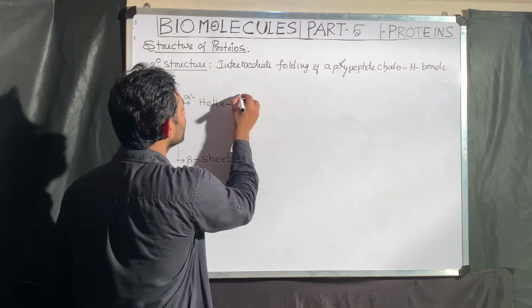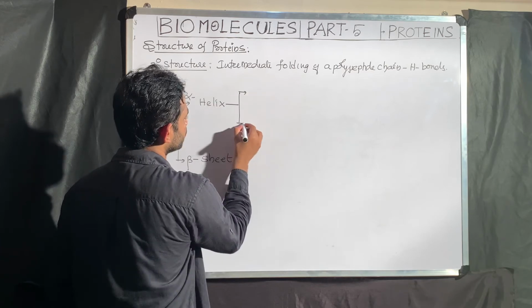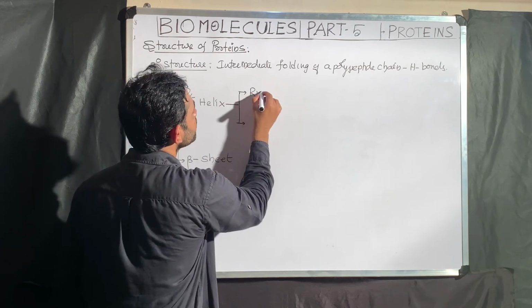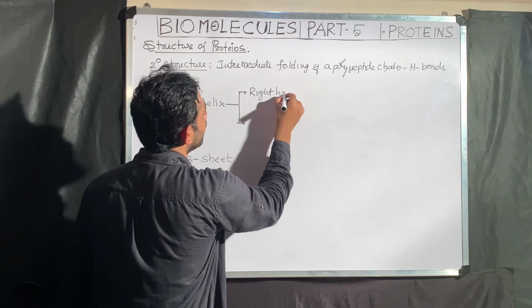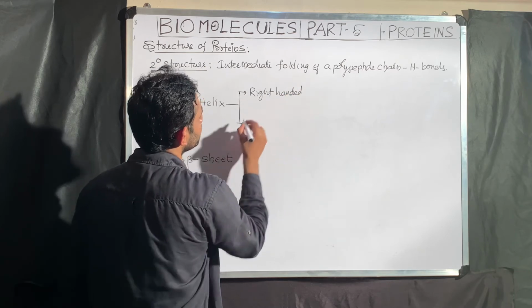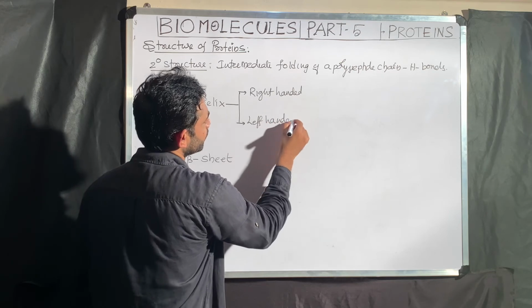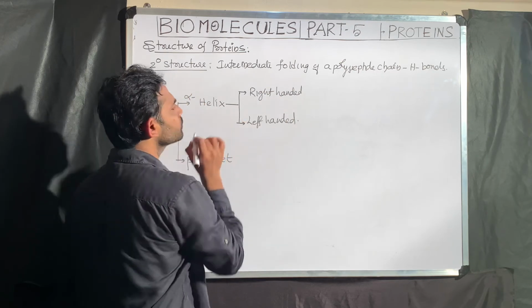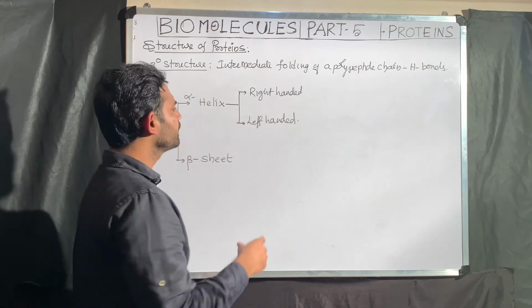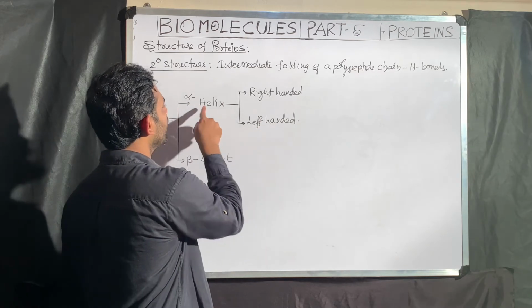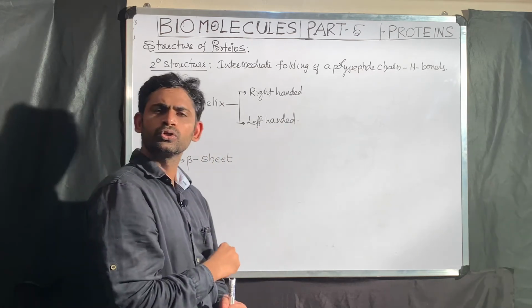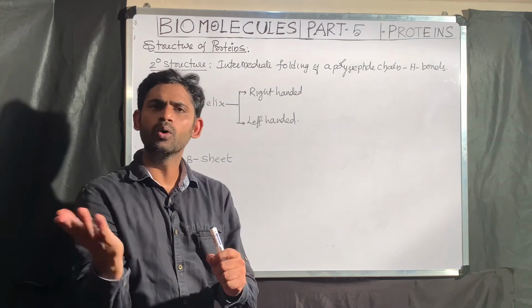This alpha helix is again of 2 types. One is right-handed alpha helix. The next one is left-handed alpha helix. Both belong to alpha helix only. But left-handed alpha helix is the most dominant secondary structure outside the cell.